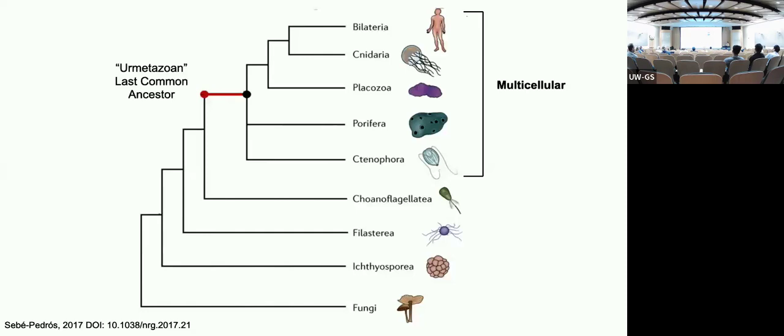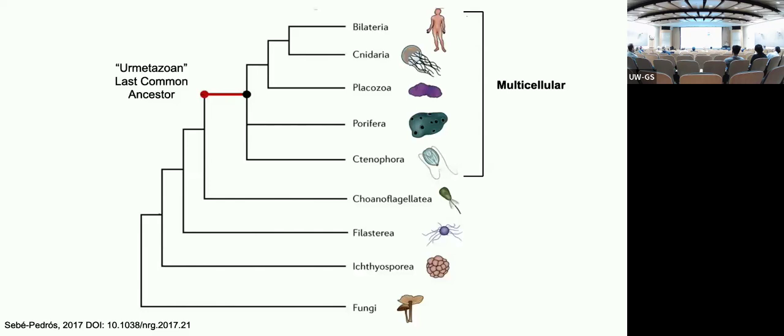That would include ctenophores and things like sponges, and then these jellyfish-like creatures, and then most other animals that you would recognize as animals, vertebrates, that includes mammals, and then also insects and crustaceans and those types of creatures.